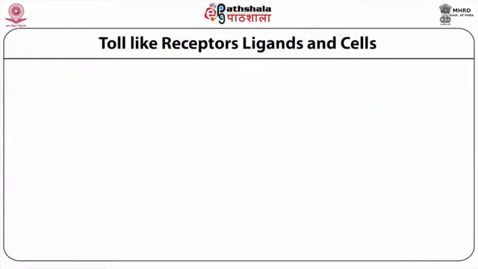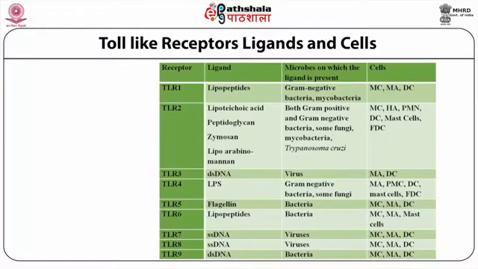Let us look at the ligands associated with the toll-like receptors and some of the cells. The first column mentions the receptor. The second column describes the corresponding ligand. The third column shows the list of the corresponding microbes on which these ligands are present.